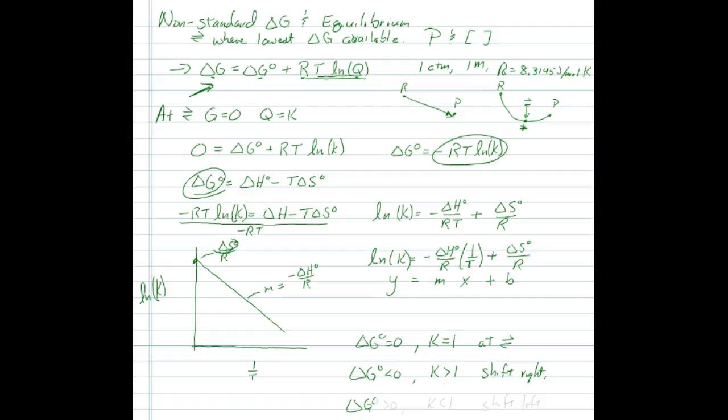And if delta G naught is greater than 0, that means it's positive, K is less than 1, so these are opposite of what you would say. It would shift left. So the delta G and the K are opposites for spontaneity. That ends this lesson on non-standard G and equilibrium.